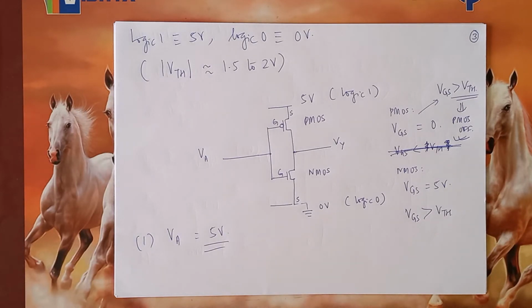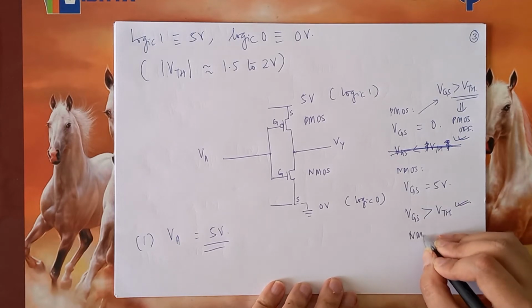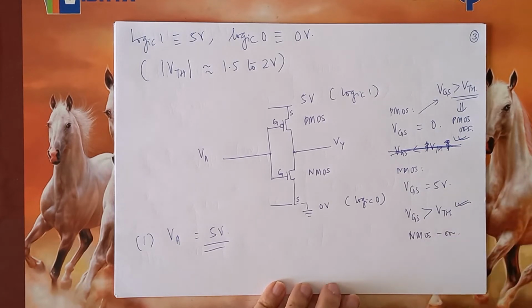Let us say it has a threshold voltage of plus 1.5 volts. So VGS greater than VTH is satisfied, which means the NMOS is on.